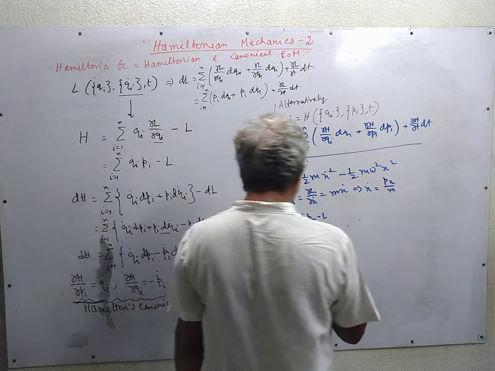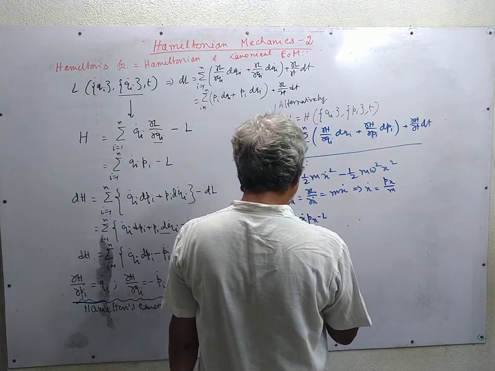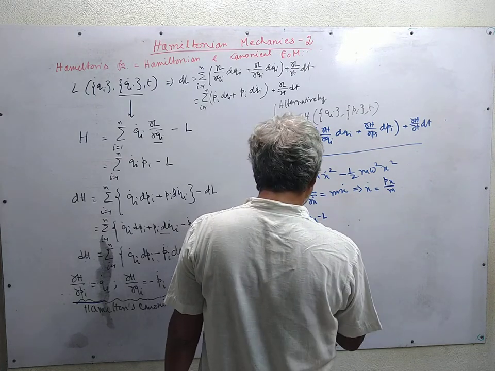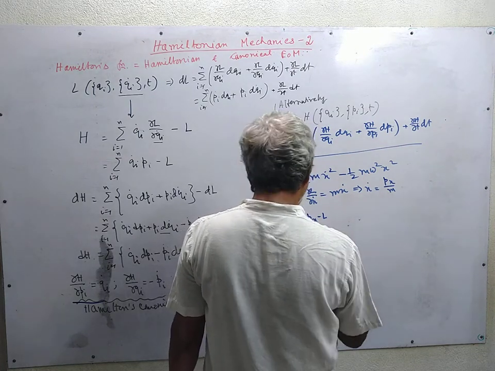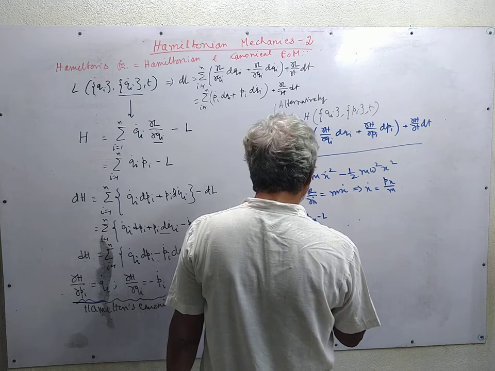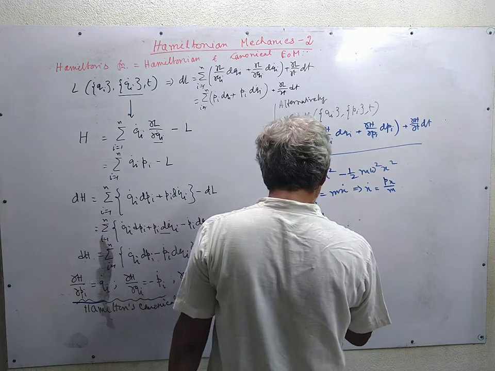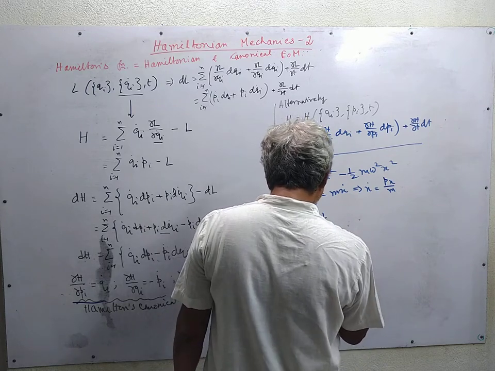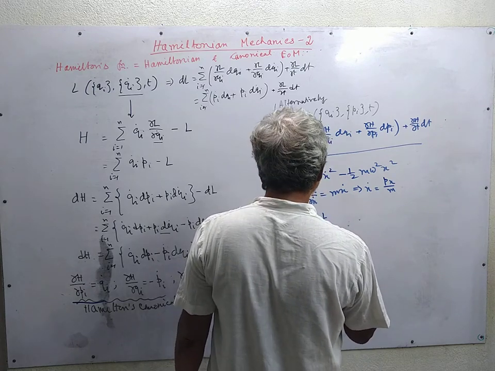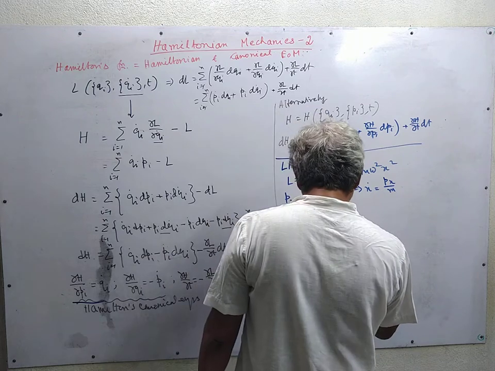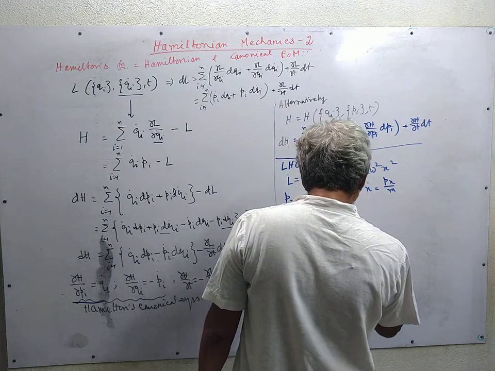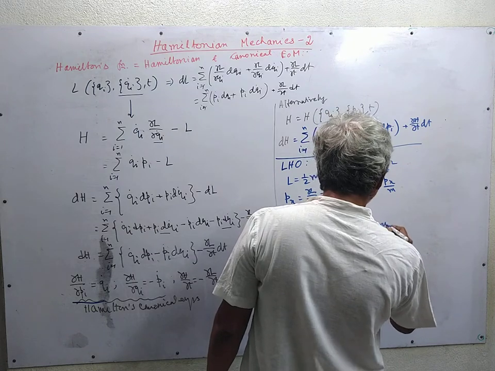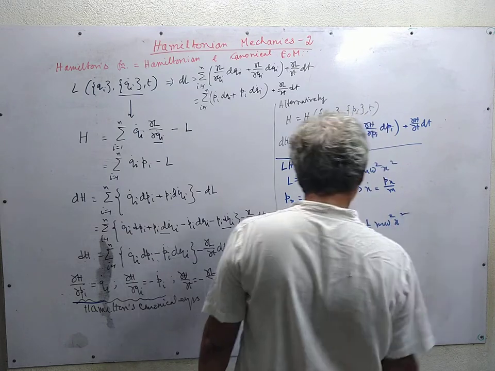So now we replace the x dot. This is x dot Px, so this is m x dot square, minus half m x dot square plus half m omega square x square.